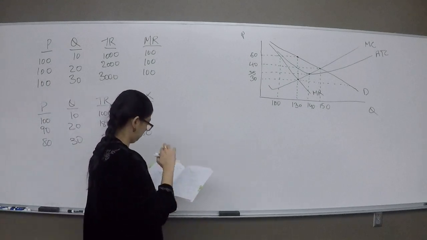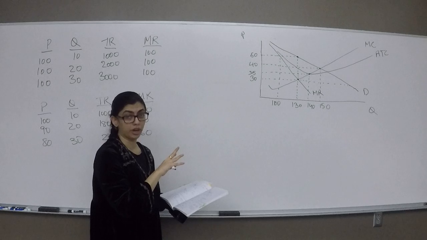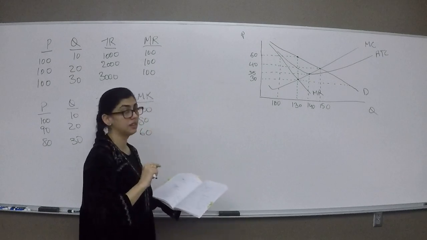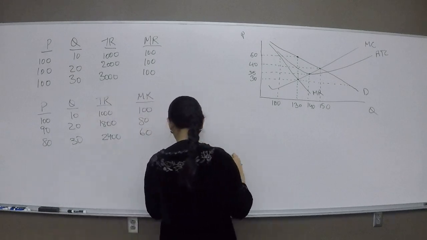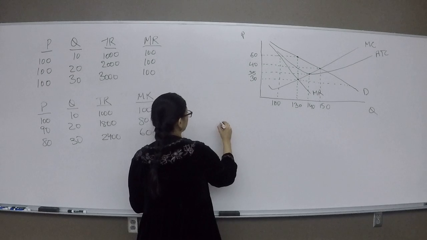So this is your monopoly market. Now the questions asked from this graph would be: number one, what is the profit maximizing quantity?